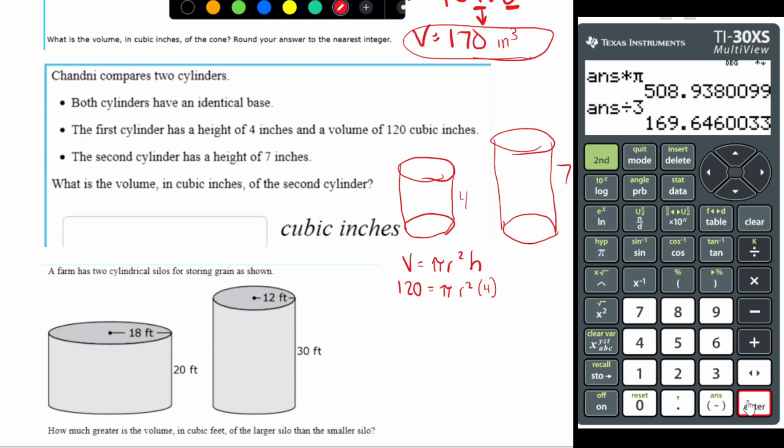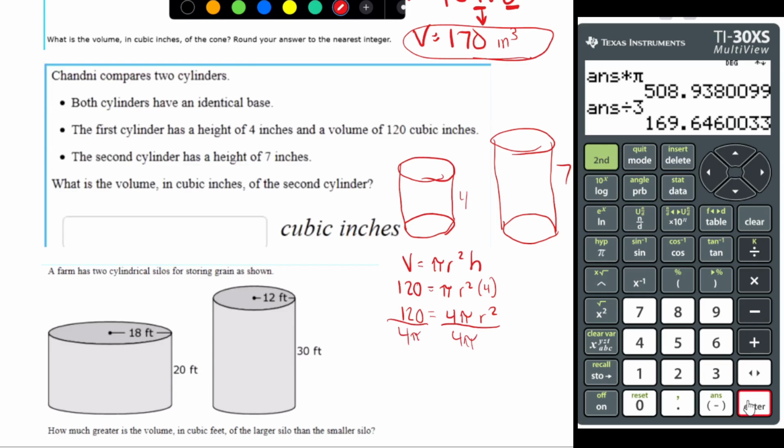Okay. So 120 equals 4 pi r squared. And you can match this up like this because pi is a constant. So now we can divide both of these by 4 pi.